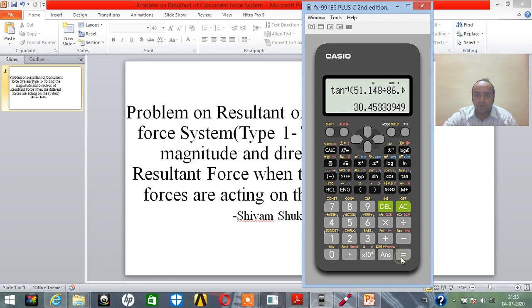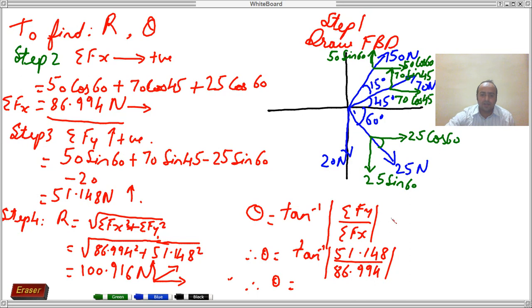Okay, so let's check. 30.453, 30.45 degrees is the answer. So friends, I can write it over here, 30.453 degrees towards first quadrant, that is theta.